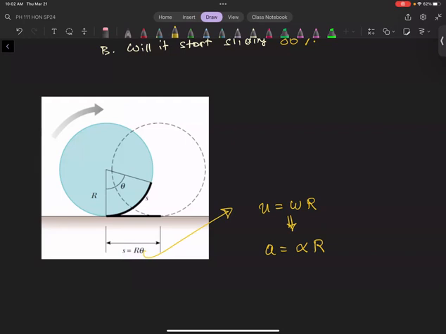The last one, of course, is the linear acceleration, and when we refer to linear acceleration, we are referring to the acceleration of the center of mass, and that will be the angular acceleration times r. Are we clear on this? Take a minute. That is really important. We good?